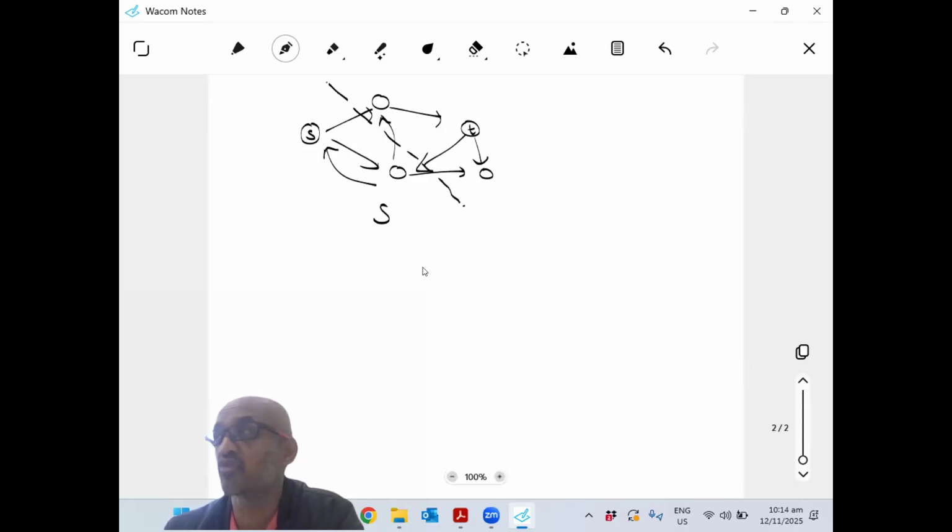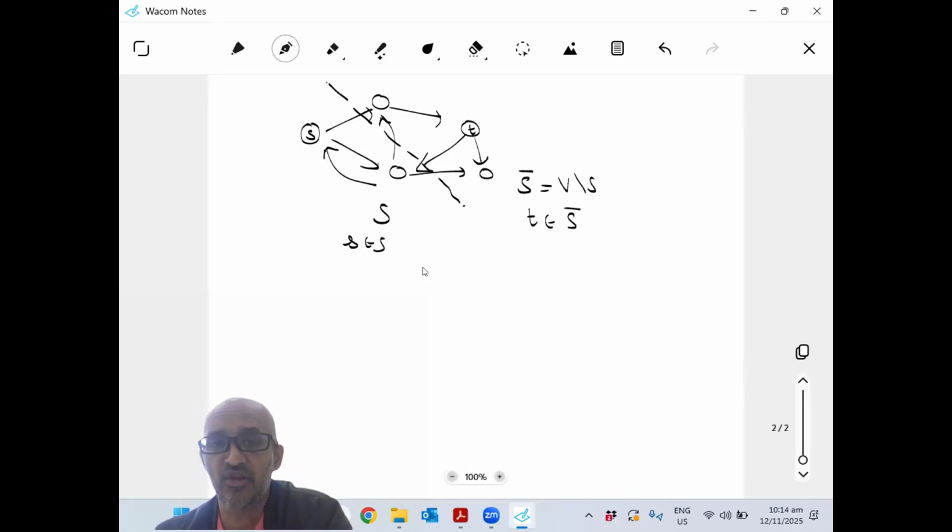Let's call this set S, and let's call this set S bar, which is V not in S, where the node small s is contained in this set capital S, and the node T is contained in the set S bar. So what's a cut? A cut capacity is simply the cut capacity.